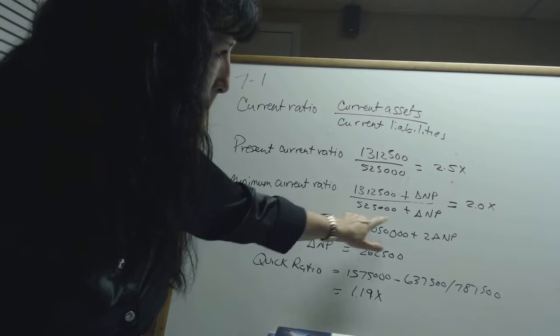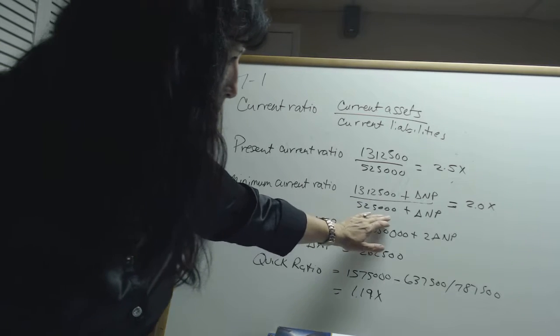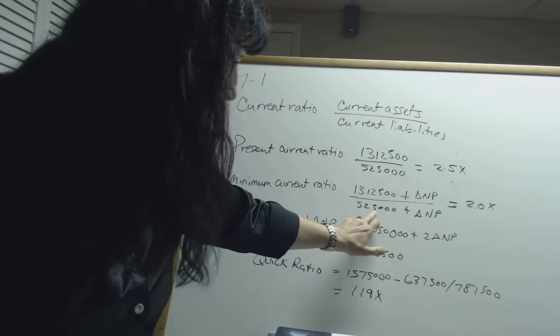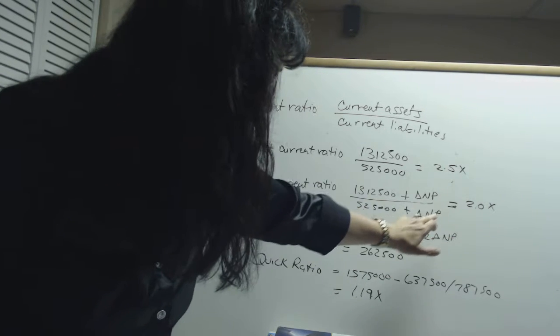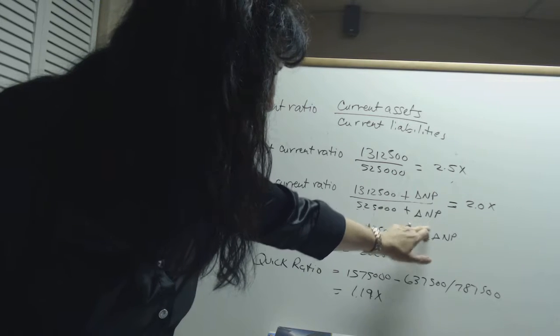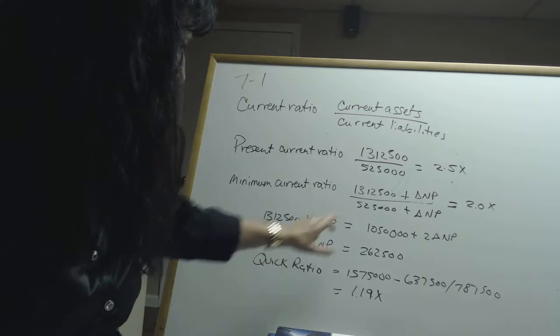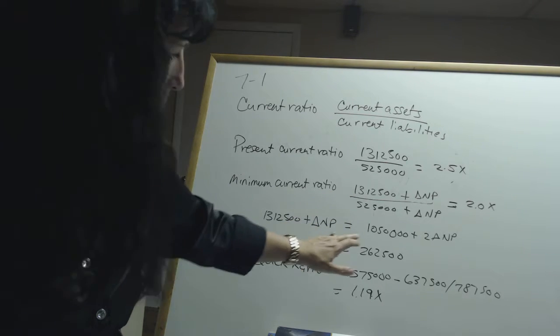So we would multiply both sides times this denominator to get rid of the denominator on this side. So 2 times 525,000 gives us 1,050,000, and then 2 times the change in NP equals 2 change in NP. And then of course the numerator on this side of the equation, and then we would combine like terms.